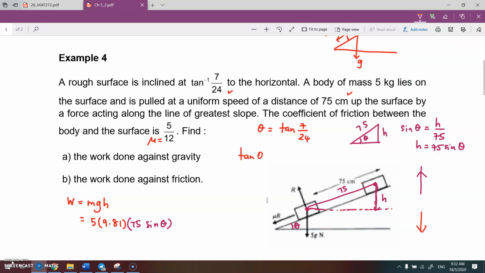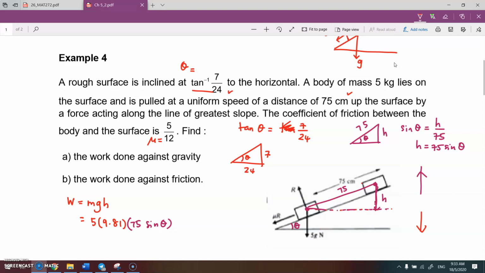Tan theta is equal to 7 over 24, since theta is tan inverse 7/24.